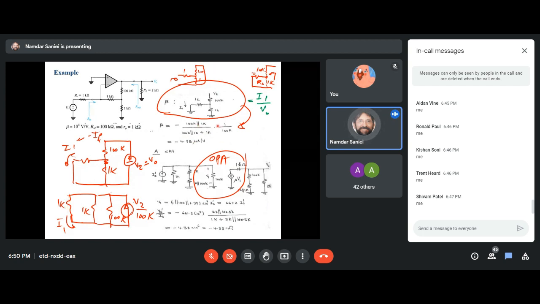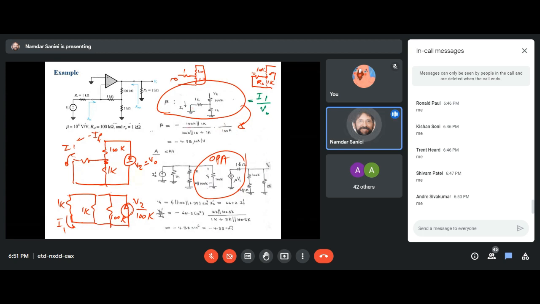But that times what? That times V2 over 100K. Now, if we bring V2 down to the other side over I1 or IF in this case, that would give us the beta. So that's why there is no VO here. It's 1 over 100K. That comes from here.